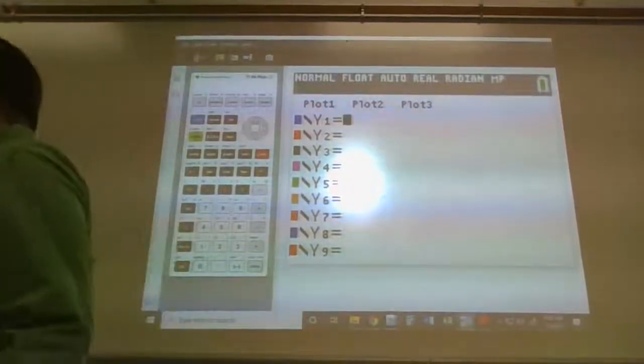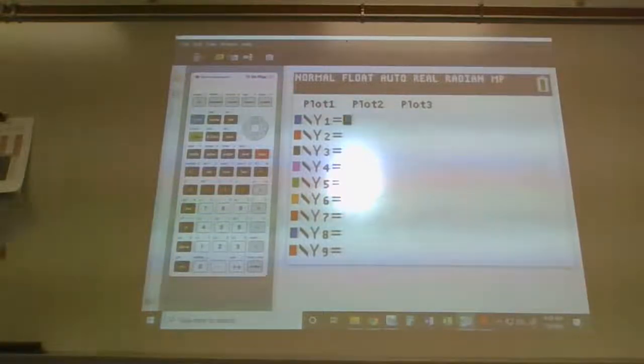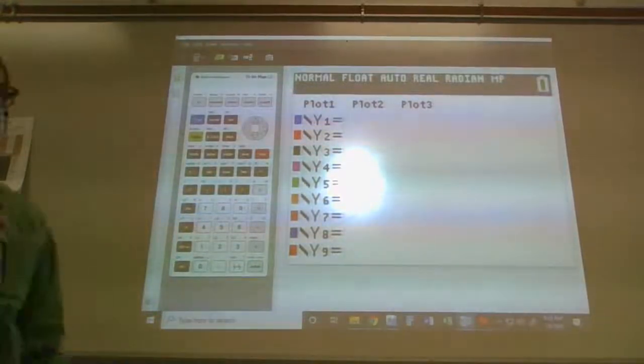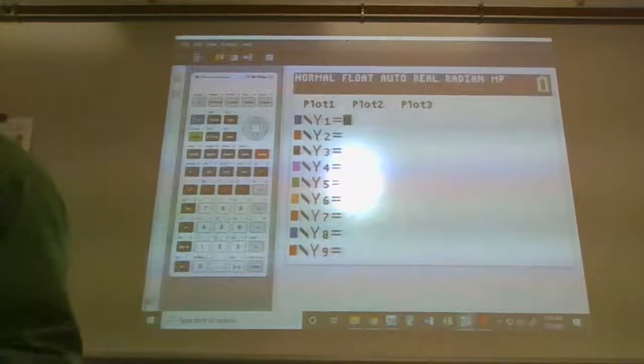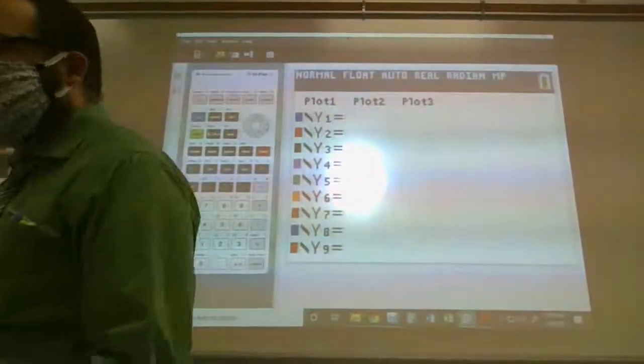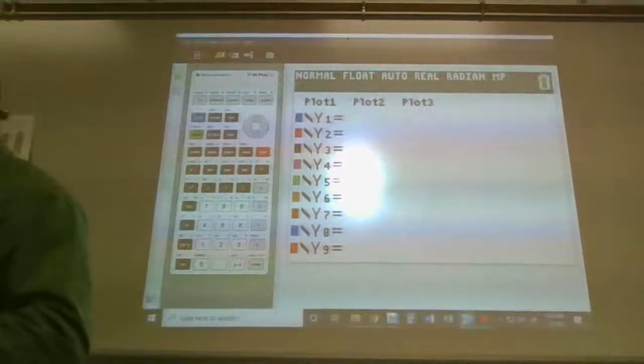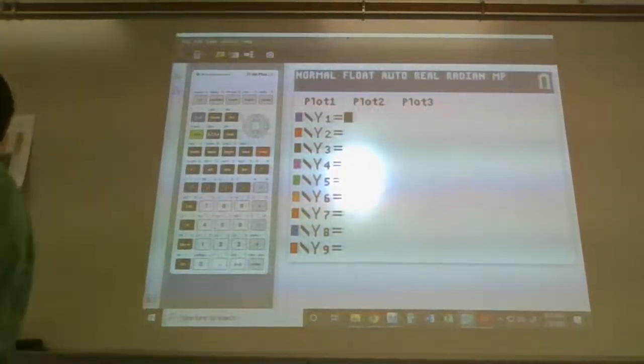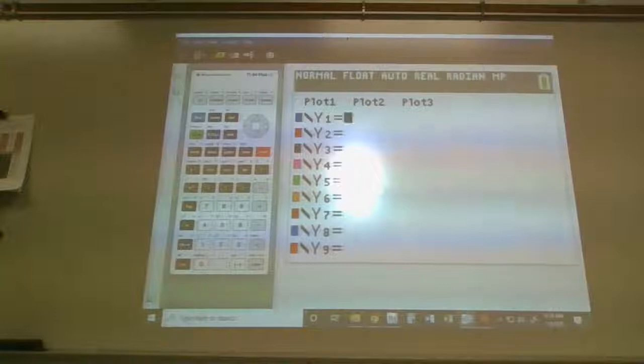I am going to type that into my calculator, into the y equals key, because I would like to get certain pieces of information out of it. And I'm going to show you exactly what I expect of you in regards to graphing this, because I need a little accuracy.